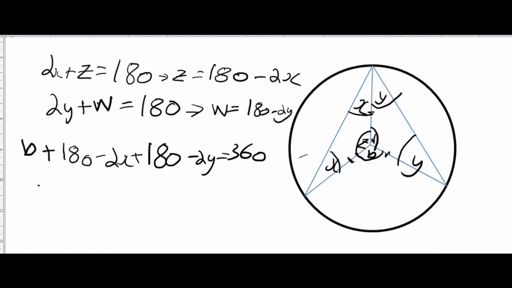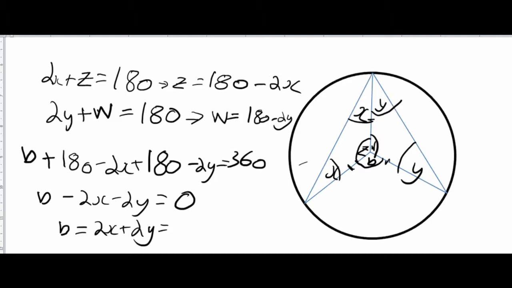So this gives us b minus 2x minus 2y is equal to 0. So that'll give us b equal to 2x plus 2y, which is equal to 2(x plus y). And so because x plus y is actually the angle at the circumference and b is the angle at the center, we have proved that this theorem holds for every circle.